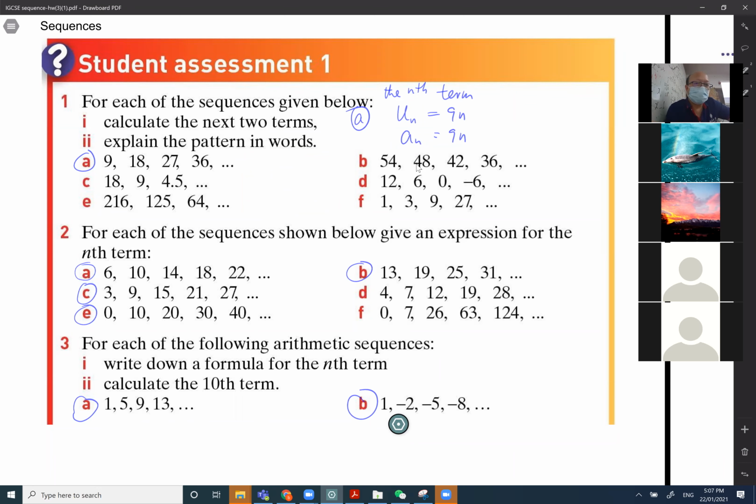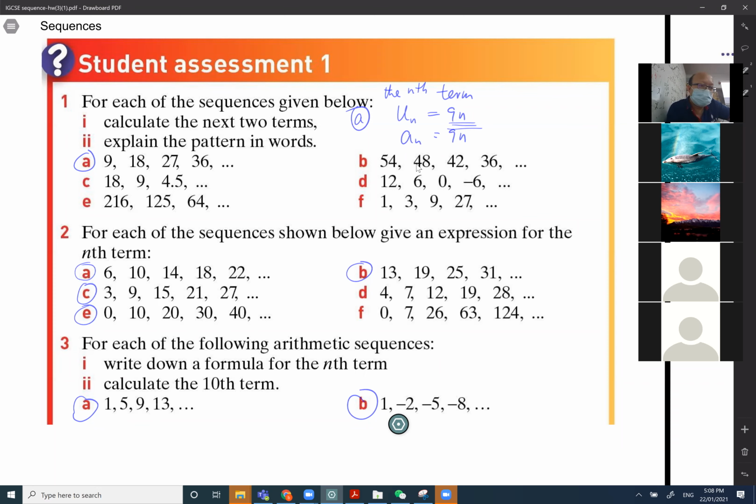You can double check: if n equals 1, you get 9; n equals 2, you get 18; 3, you get 27. This type of question is always in IGCSE and NCEA level 1. Some questions will be harder.